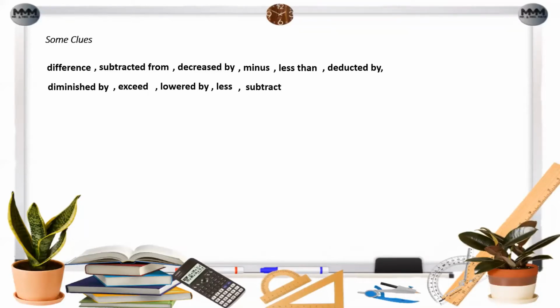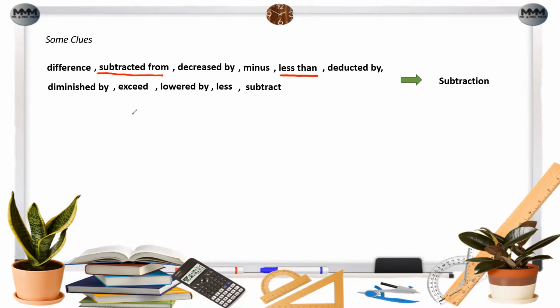All of these terms bring the process of subtraction. Note that the mathematical symbols before and after these phrases will retain their position during the translation, except the phrases subtracted from and less than.